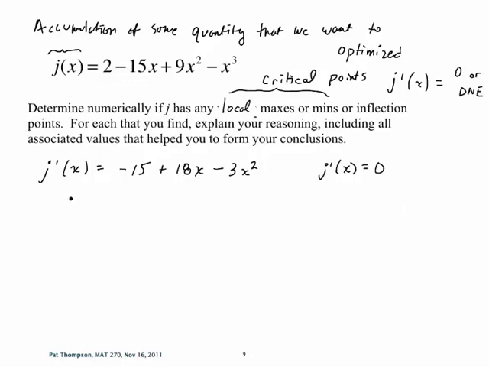So rewrite it here: negative 3x squared plus 18x minus 15 equals 0. Again, we're looking for x values that make the first derivative 0, so we're going to solve this quadratic equation.